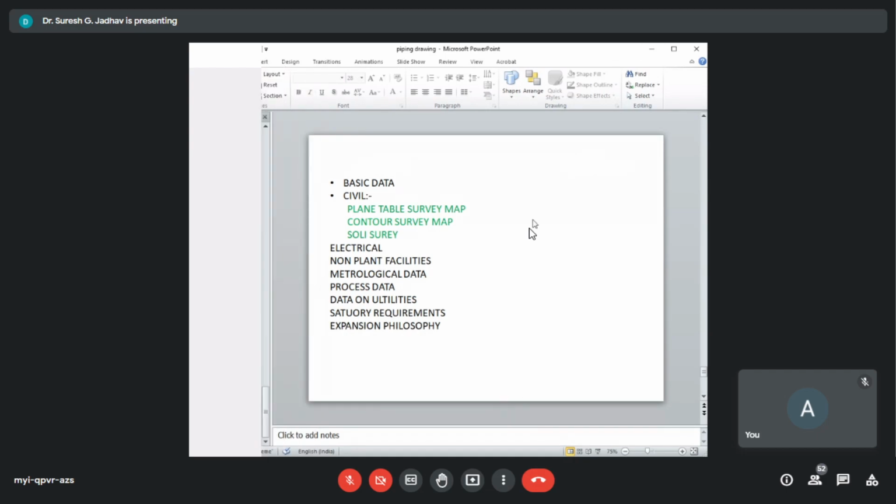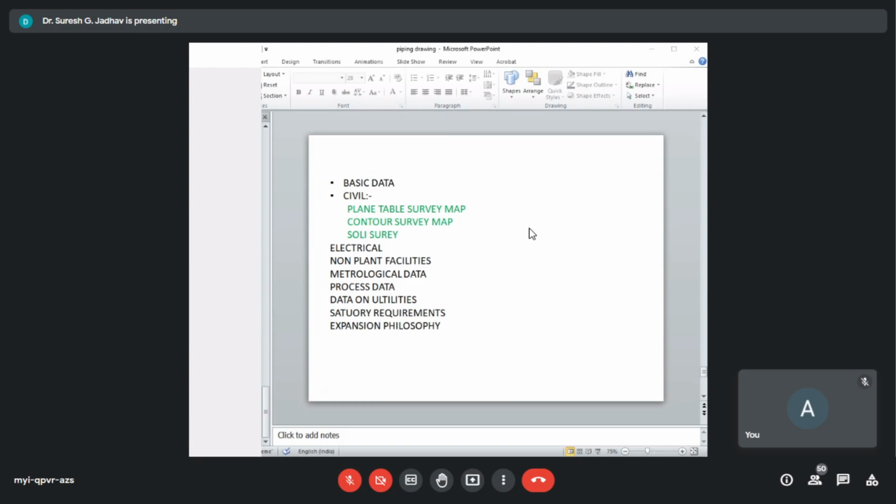So here we can consider the plane table survey maps, contour survey maps, and soil survey maps. The soil survey is conducted to establish the bearing capacity of the soil, which will be required for the civil design. The nature of the soil is also tested to determine the expansive nature and corrosion properties. Those are the kinds of properties we require.